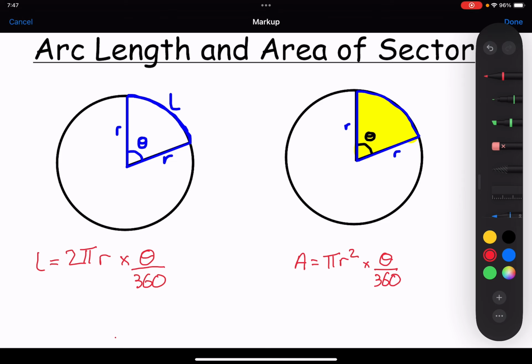We've now got a much better unit for measuring angles in, which is the radian. Remember from the previous video that we know that pi radians is 180 degrees. So 360 degrees is 2 pi radians.